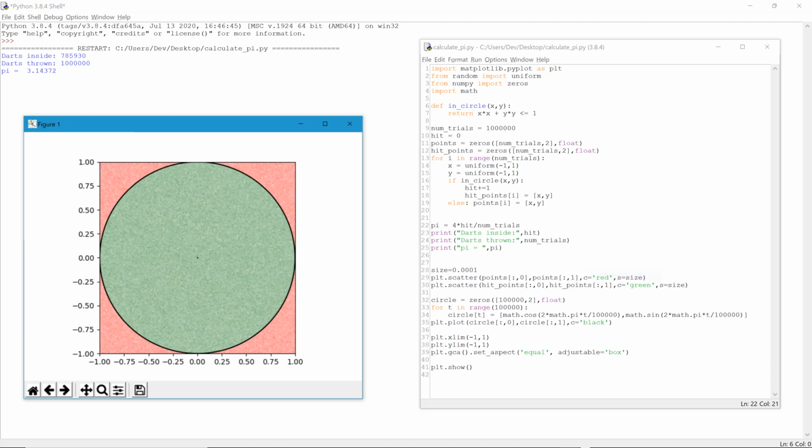And so we get that pi over 4, which is the ratio of the areas, is equal to 0.785930. And if we multiply that by 4, we get the calculated value of pi to be 3.14372.